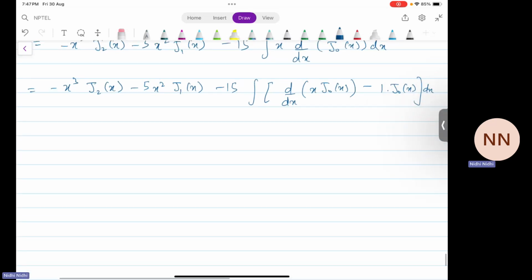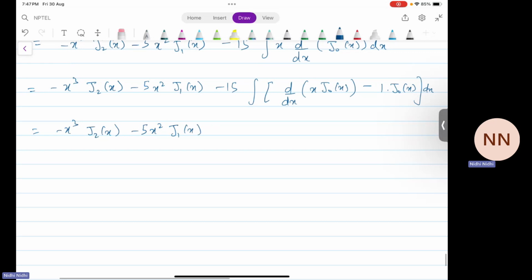So this is equal to minus x cube J2x minus 5x square J1x minus 15. This derivative and integral cancel each other. We're left with x J0x plus 15 J0x dx. Sorry, here we don't have the integral and here we will have the integral.